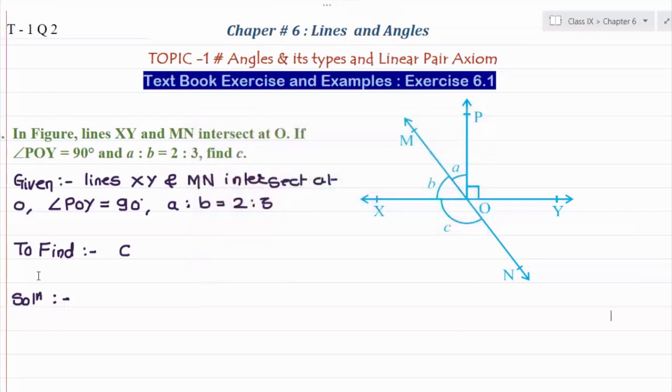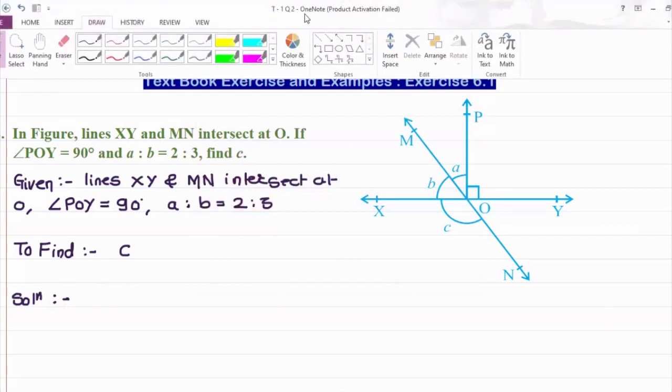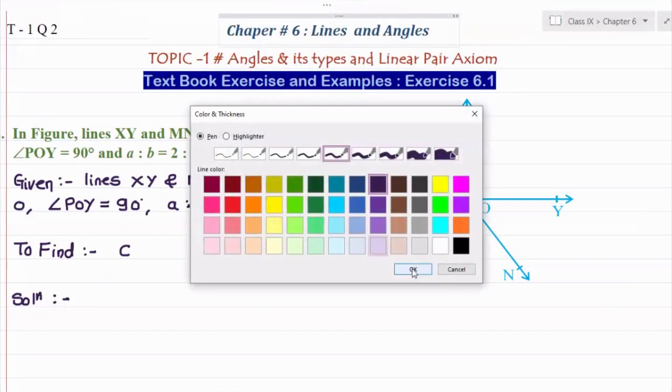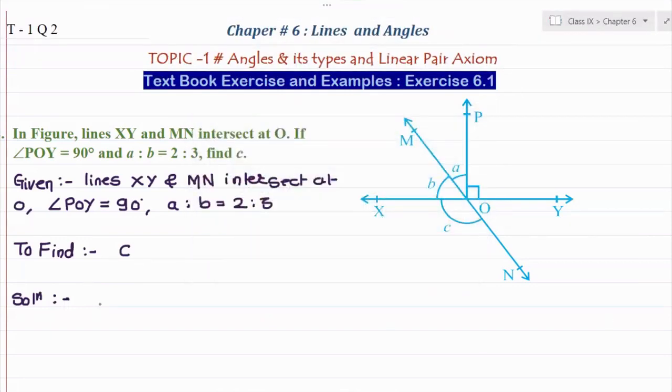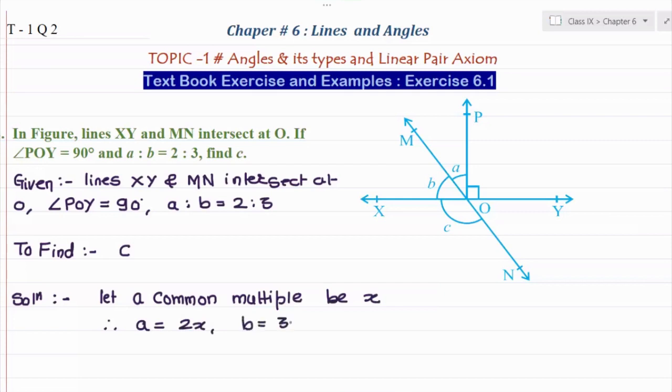Yes, now we will write down here: let the common multiple be x. Therefore the value of A will be 2x, and B will be 3x, right?